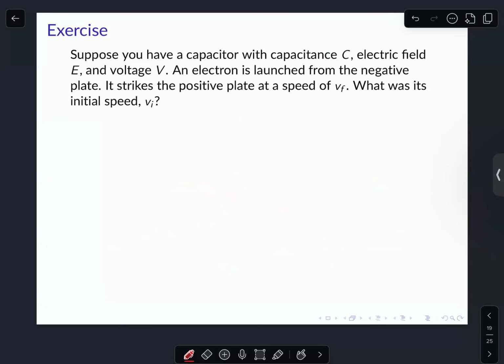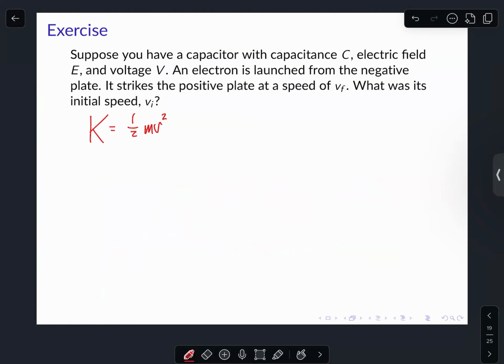I will remind you, by the way, that the kinetic energy formula is 1/2 mass times velocity squared, and that the total amount of energy of the electron is not going to change. Energy in this case is going to go from kinetic form to potential form.